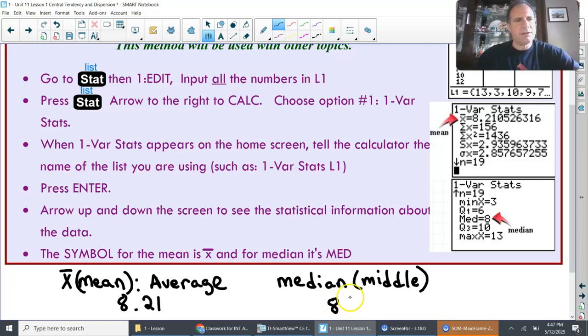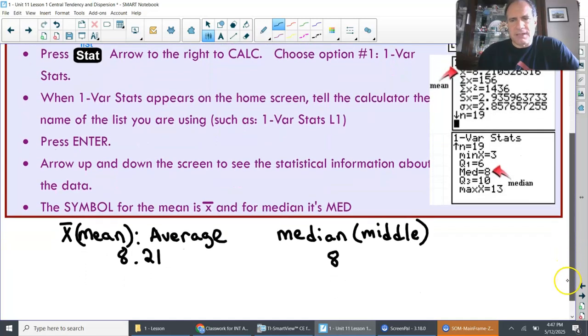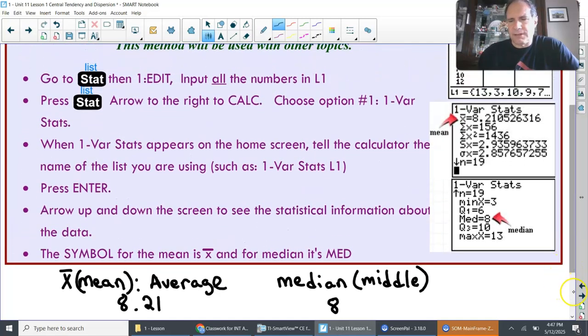And that's all you really want right now. That's basically all they're asking for, the median and the mean. So that's all we're going to do, and that's how you would get that in your calculator.